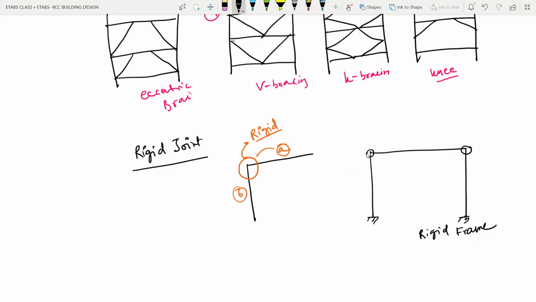So here is the rigid joint, and the frames having rigid joints are named rigid frames.